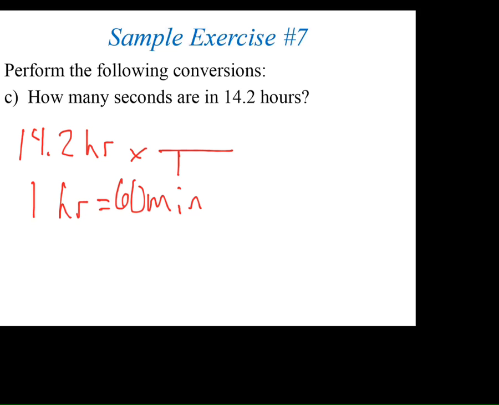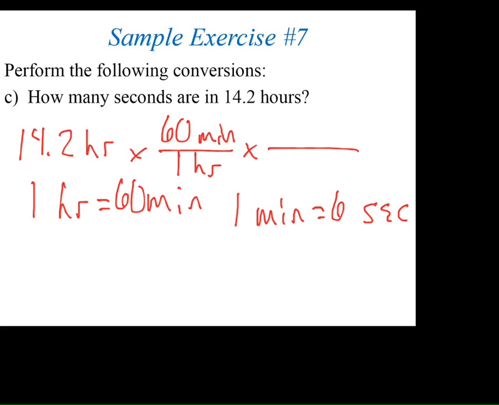Oh, 1 hour, and then 60 minutes on top, right? Okay, now I'm in minutes, but I want to be in seconds. So what's that conversion between minutes and seconds? 60. Yeah, 1 minute is 60 seconds.